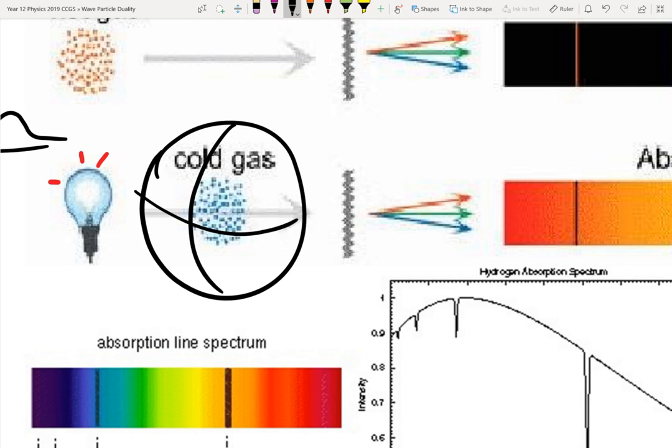It could go flying out that way, or that way, or that way. Very rarely would one of those re-emitted photons that's missing from our continuous spectrum actually be emitted into your spectrometer to fill in the gap. So that is why these wavelengths, these photons are re-emitted, but in a completely random direction.